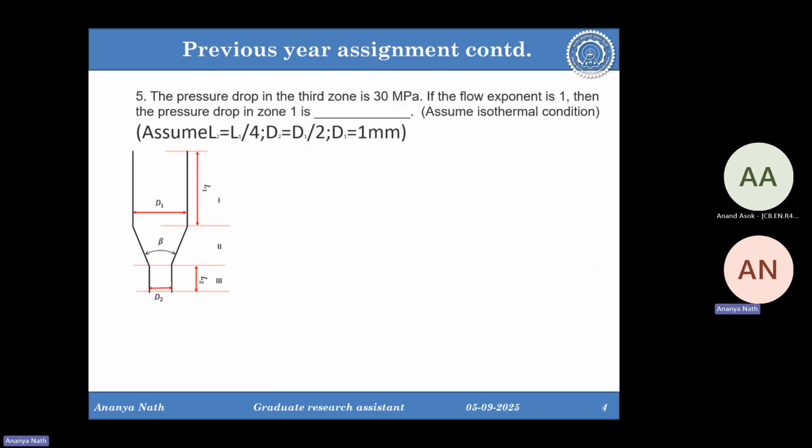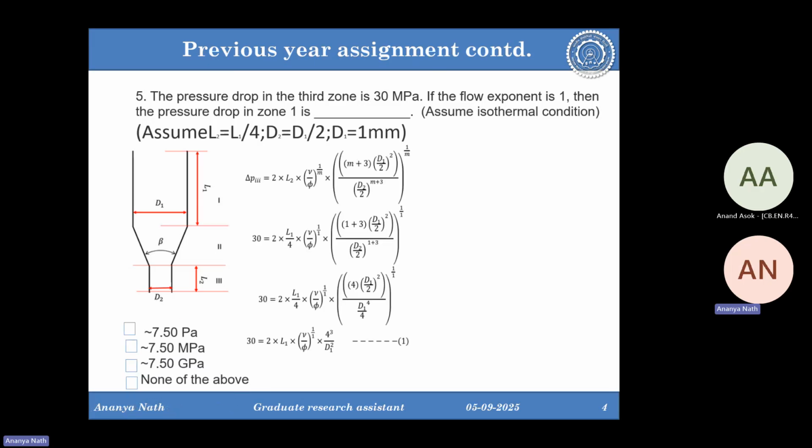The pressure drop in the third zone is 30 MPa. If you remember, I have already told you the bigger formulas are important. So P1 is the pressure drop here, P2 is here, P3 is here, P3 is already given. If the flow exponent is 1, so here it's kind of a power law where 1 by m is the power and m is the exponent, which is 1 given here. Then pressure drop in zone 1.